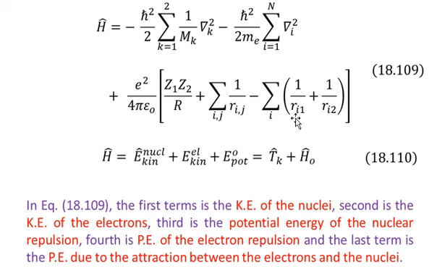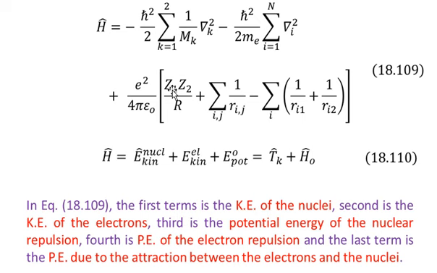For example, in r_i1, i stands for the ith electron. So r_i1 is the distance of the ith electron from nucleus 1, and r_i2 represents the distance of the ith electron from nucleus 2. r_ij is the separation between the ith electron and the jth electron.